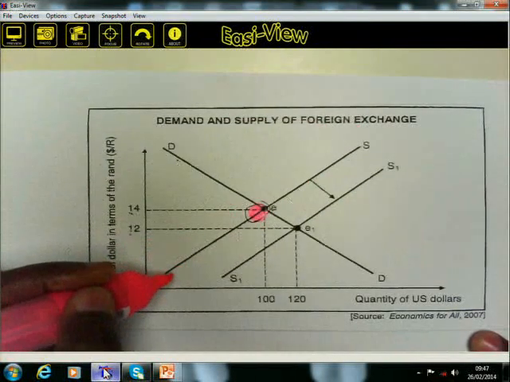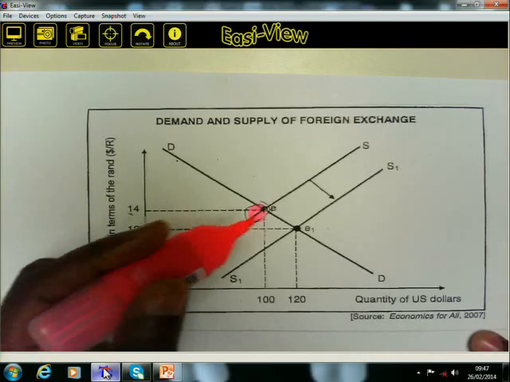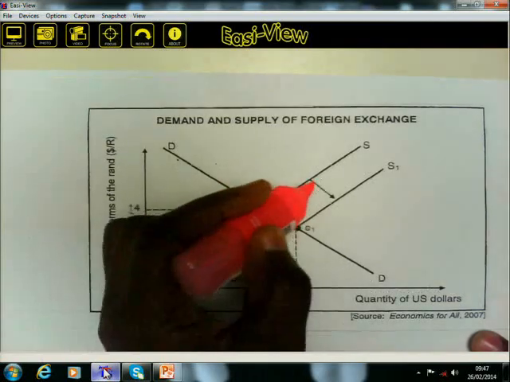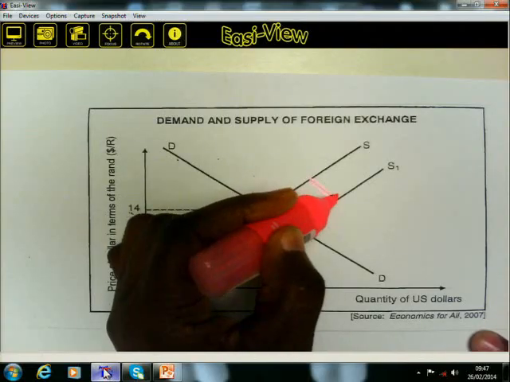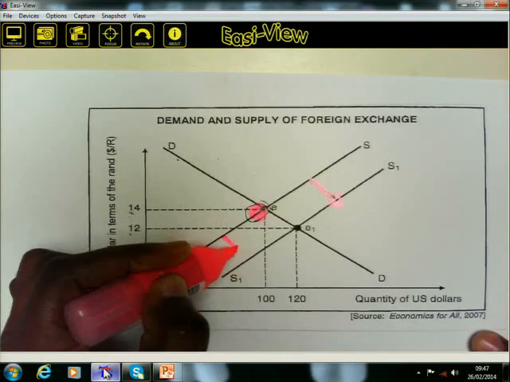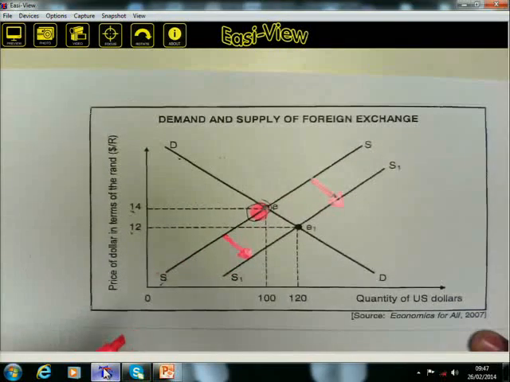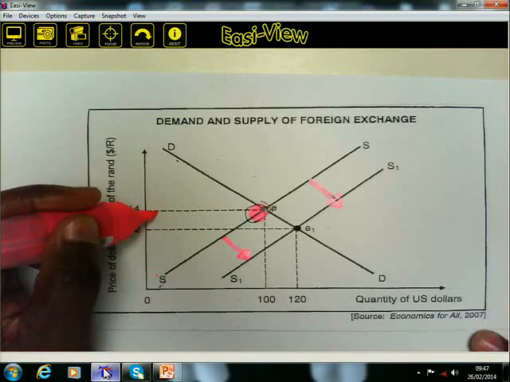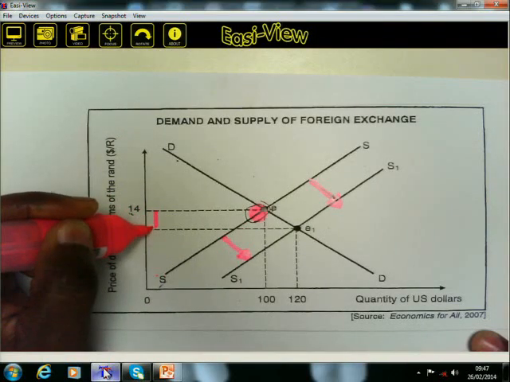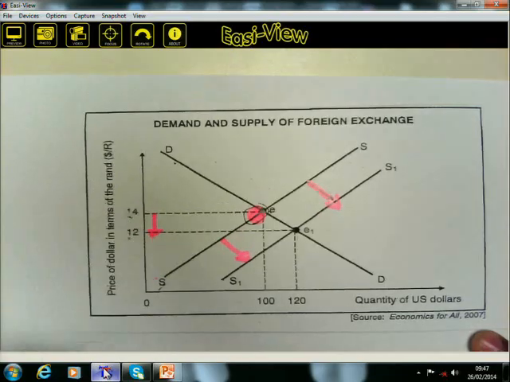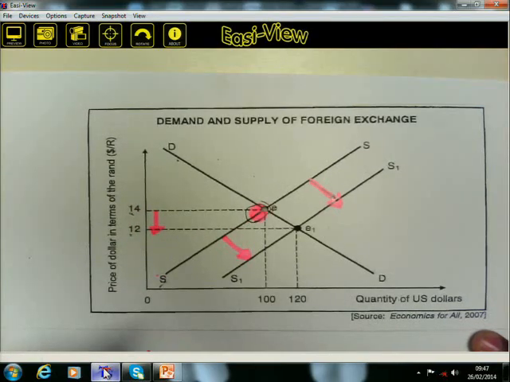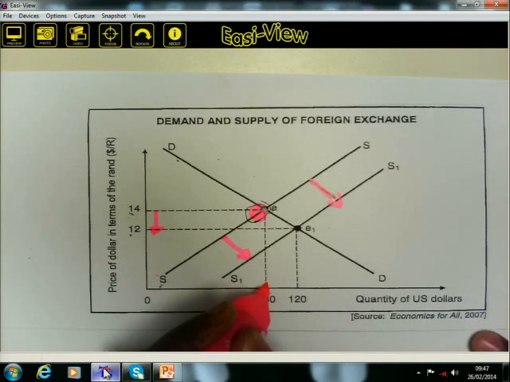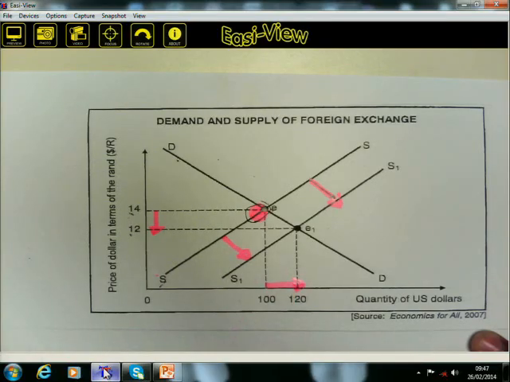The supply, if ever it happens that there is a shift of supply to S1, what does that mean? It means that there will be a decrease in the price of dollars, whilst on this side of quantity demanded, there will be an increase in quantity demanded for dollars.